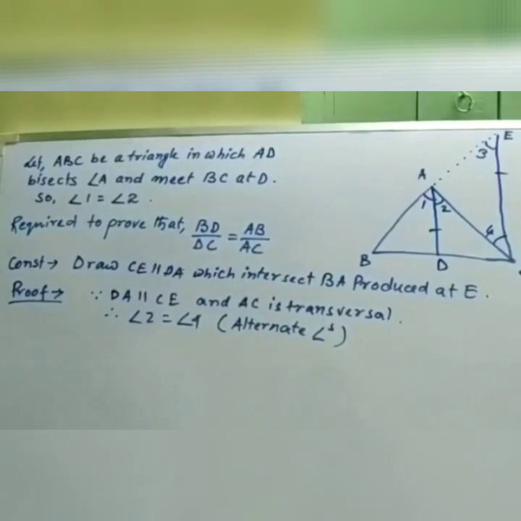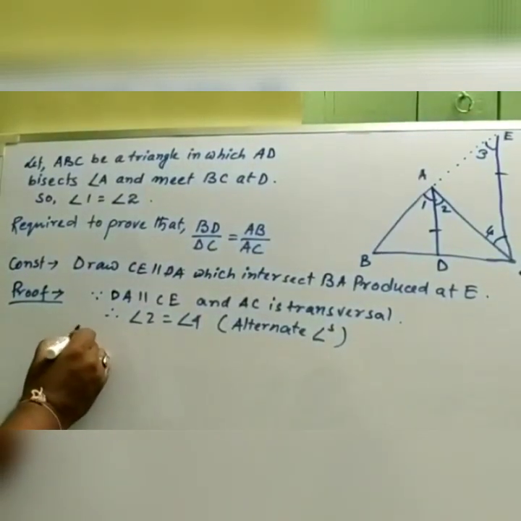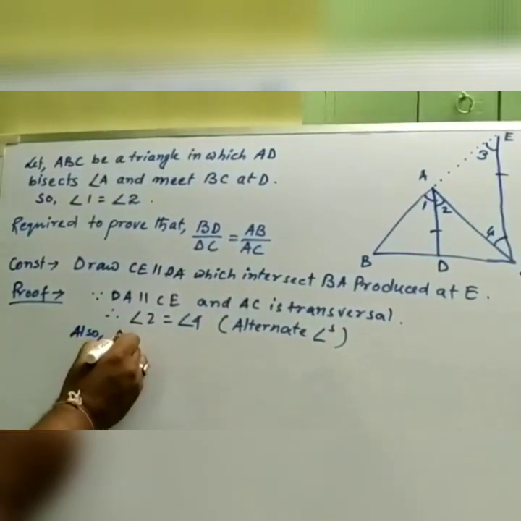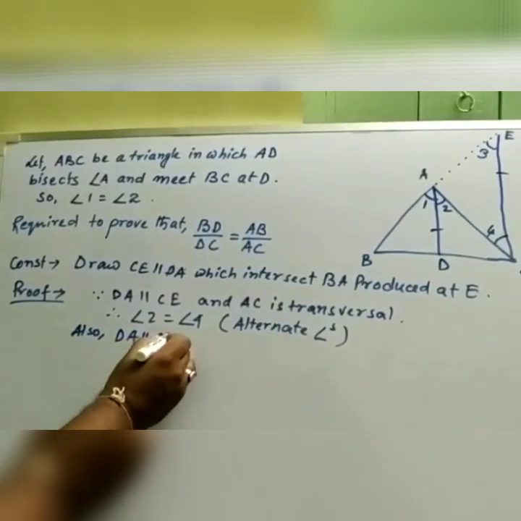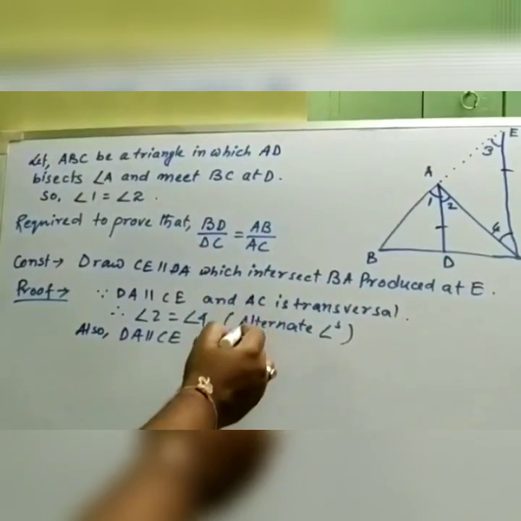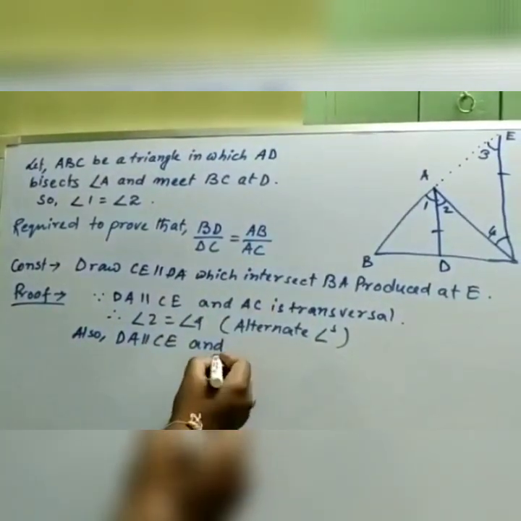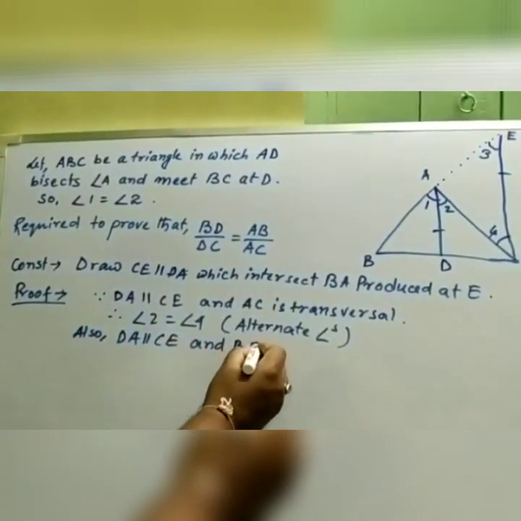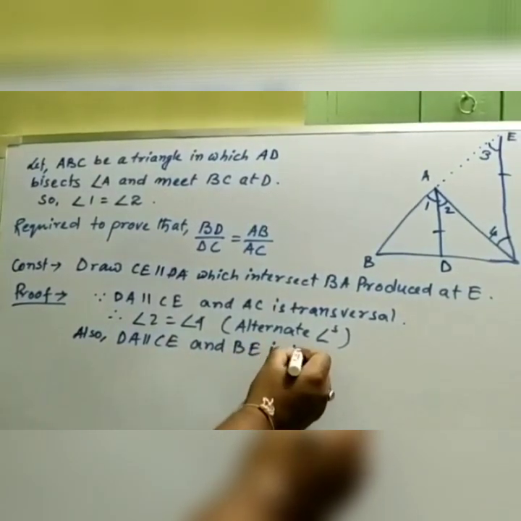BE is transversal. So we are taking also DA parallel CE, and the transversal is changed, previously AC and now it is BE. BE is transversal.